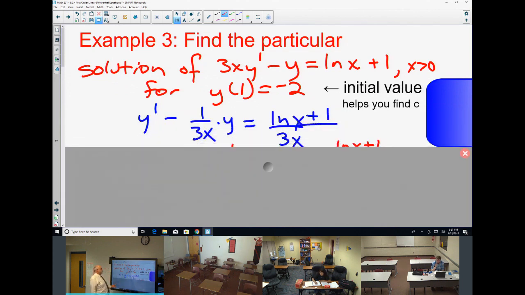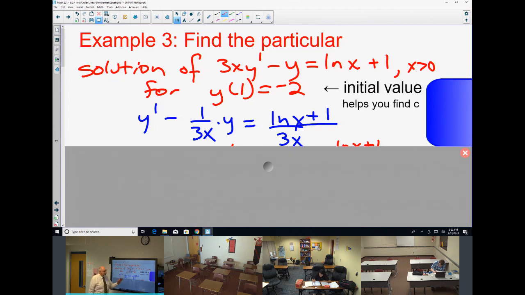And then what you do is you solve the equation, just like what we've been doing. So first, you get the dy dx by itself, or y prime. It's the same thing. I divided everything by 3x to get y prime by itself. So I get y prime minus 1 over 3x times y is the natural log of x plus 1 over 3x.